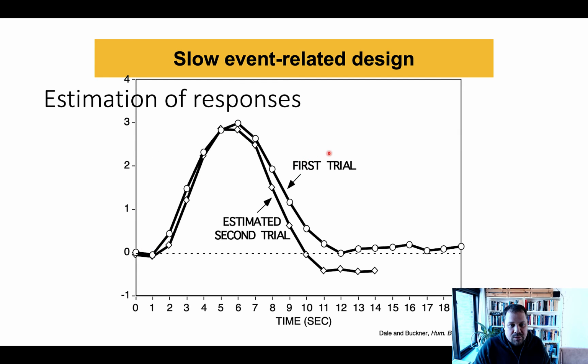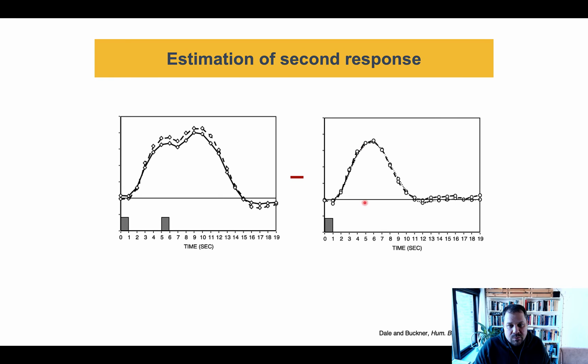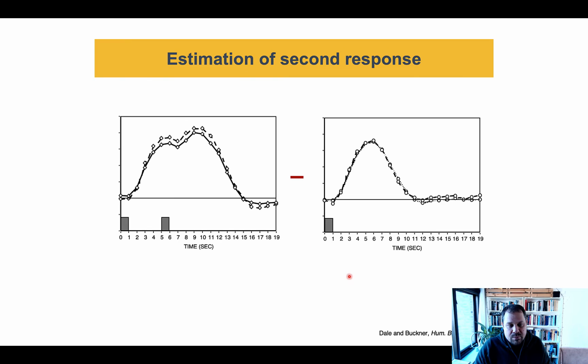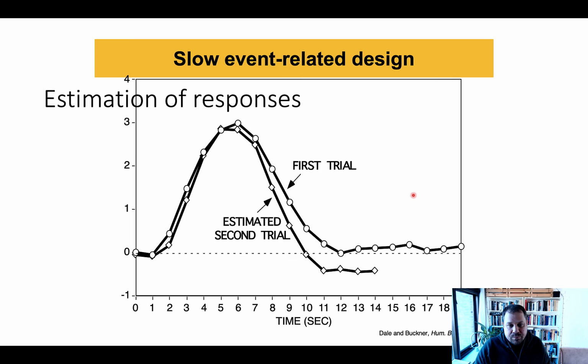This is the first trial response, exactly the one that's shown on the right side of this figure. And this is the estimated second trial response, which is taking this figure and subtracting this BOLD response from it. So you get about the same response, maybe with a bit of a steeper decline, but that could just be some measurement error. So it's a very similar response.